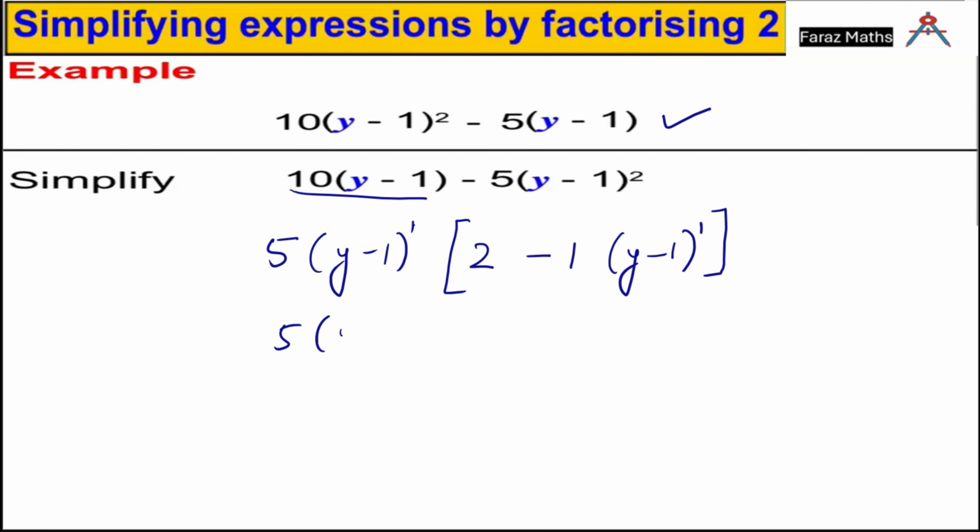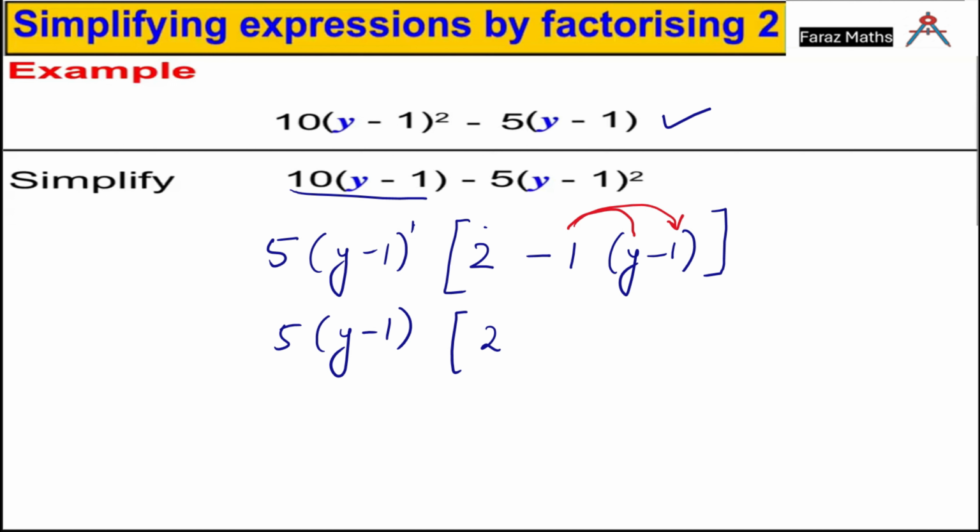Now 5, usually we do not write power 1 on the bracket, and don't subtract 2 minus 1, okay? You have to multiply minus 1 with y first, and then minus 1 with minus 1, and you can do it only when the power is 1 there. So minus 1 times y and minus 1 times minus 1.